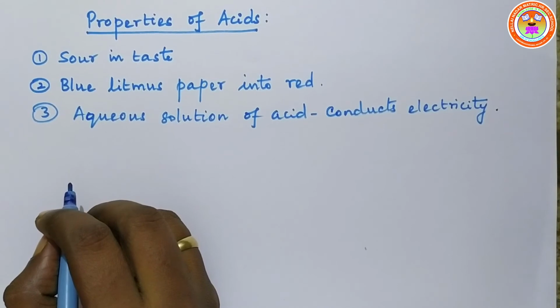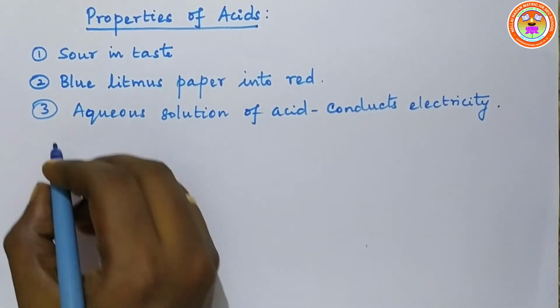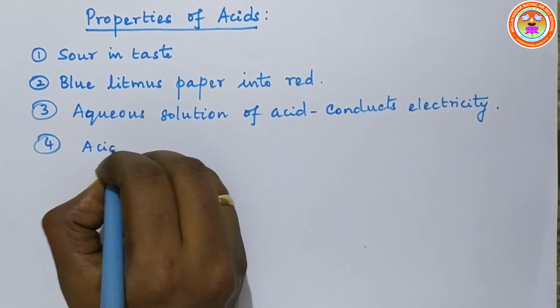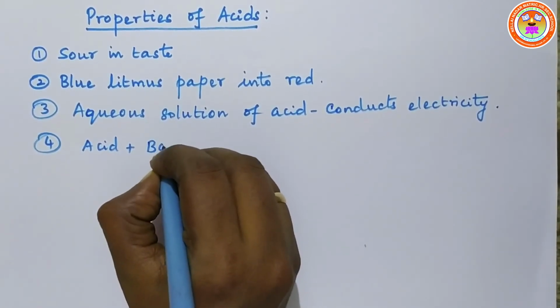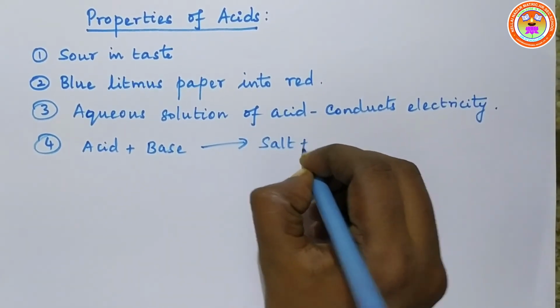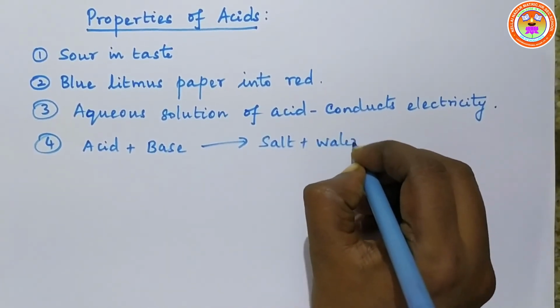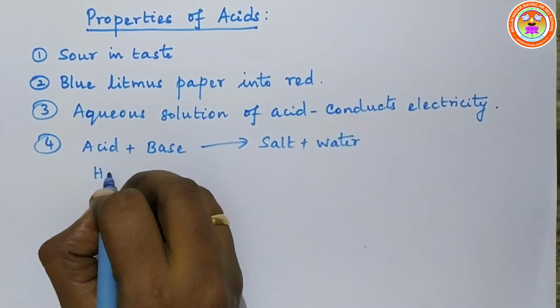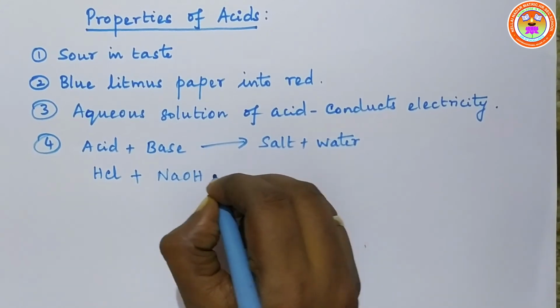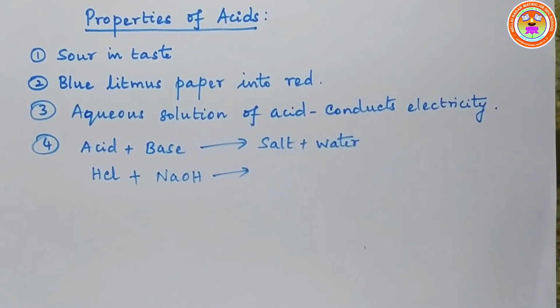When an acid combines with a base, it results in the formation of salt and water. Acid plus base gives salt and water. Hydrochloric acid reacts with a base to form salt.